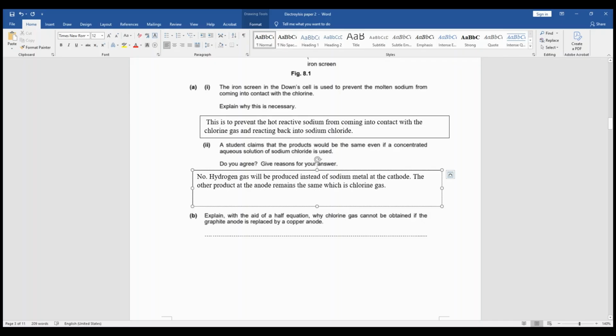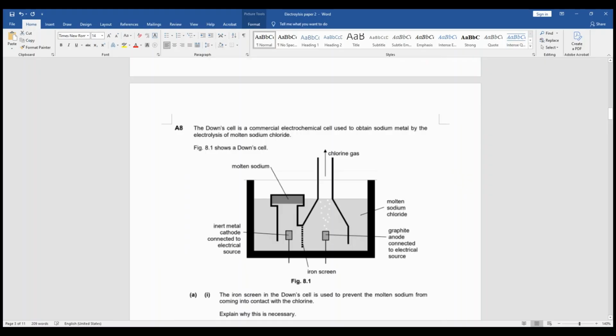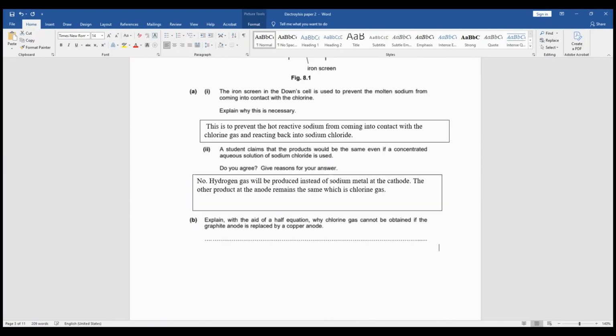Okay, explain with a half equation why chlorine gas cannot be obtained if the graphite anode is replaced by a copper anode. Copper will become a reactive electrode.